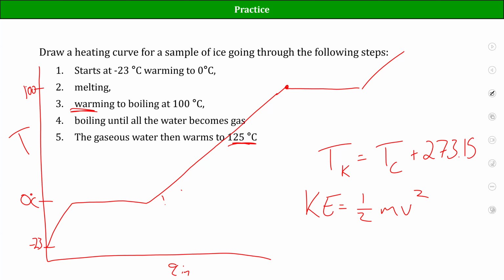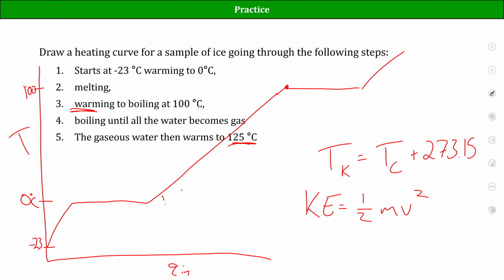Alright, but these middle pieces, these phase changes, really aren't going to change very much. Where we start and where we end can change a little bit, but for water, it's always going to have a plateau at 0 and a plateau at 100. So drawing these heating curves should feel like, for the most part, it's the same thing every time.